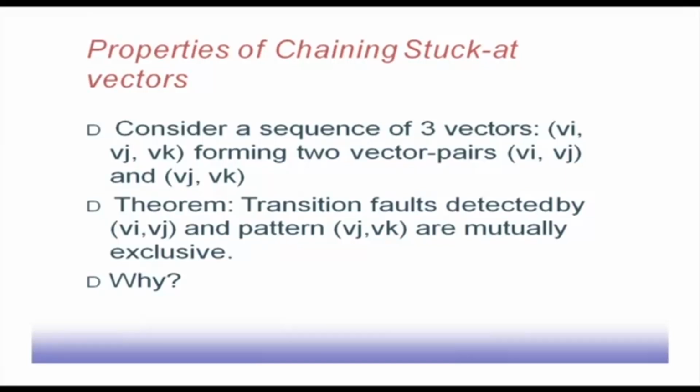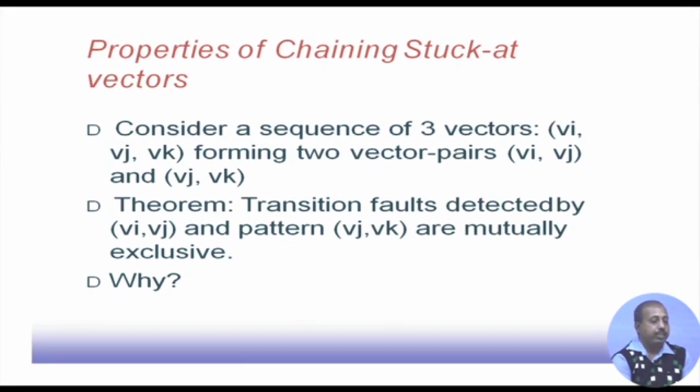There are certain properties of the stuck at fault chaining, the chaining of the stuck at vectors. So, suppose I have got 3 vectors Vi, Vj, and Vk, and out of them we form 2 pairs, Vi, Vj, and Vj, Vk. Then we can come up with a result that says that the transition faults detected by Vi, Vj and Vj, Vk are mutually exclusive. Why?